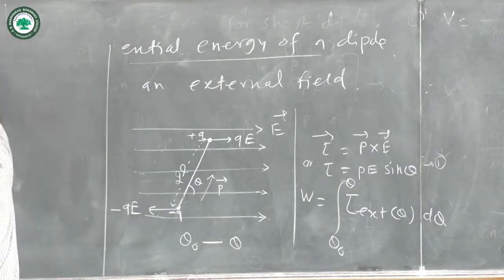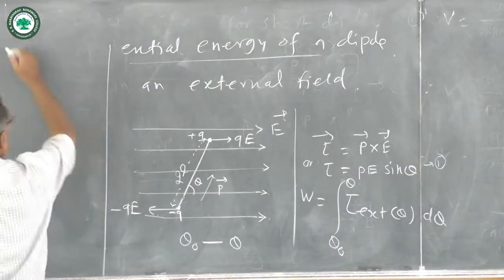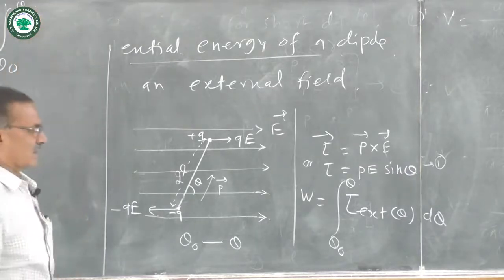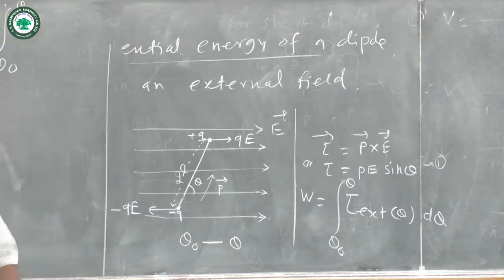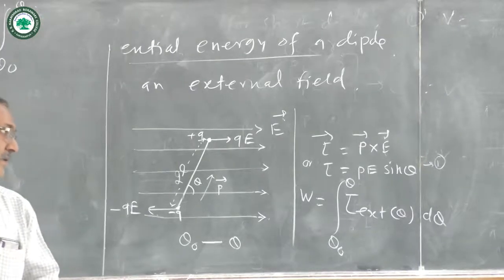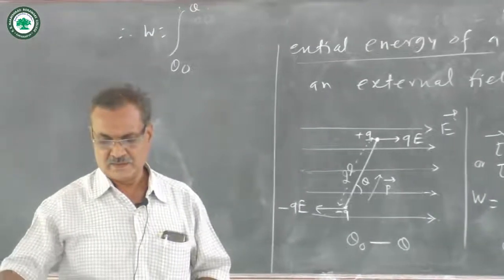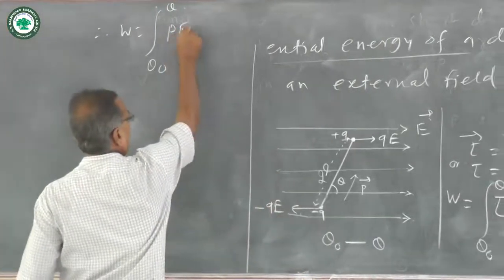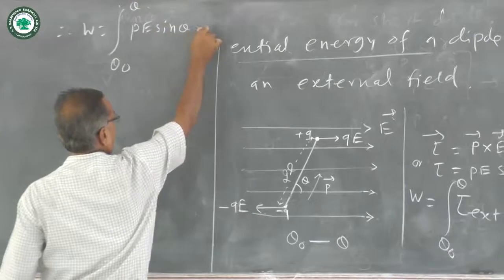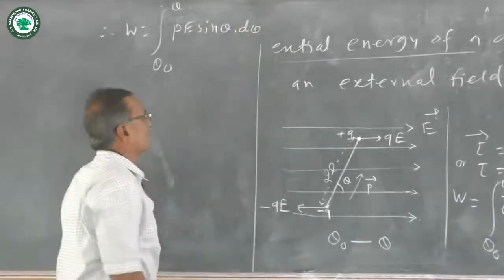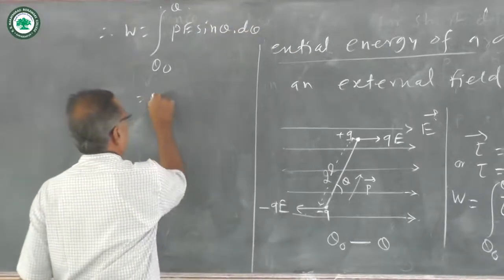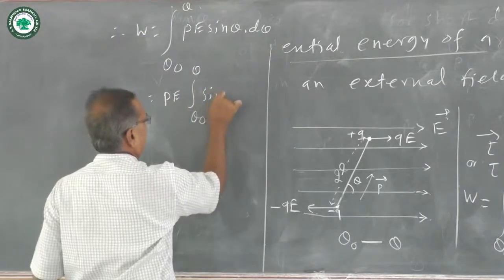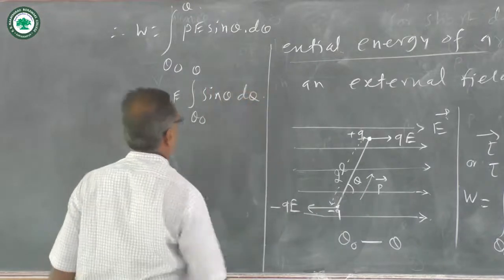Therefore work done W equals the integral from theta 0 to theta of PE sin theta d theta. Take PE, a constant, out of the integration.